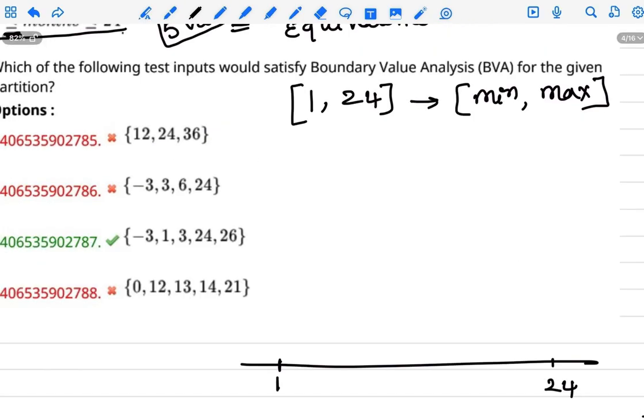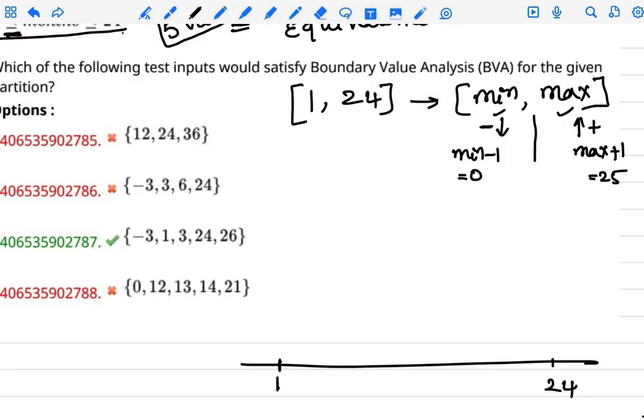Generally there are 5 values: minimum, maximum, minimum minus 1, and maximum plus 1. Maximum plus 1 is 24 plus 1, that is 25. Minimum minus 1 is 1 minus 1, that is 0.